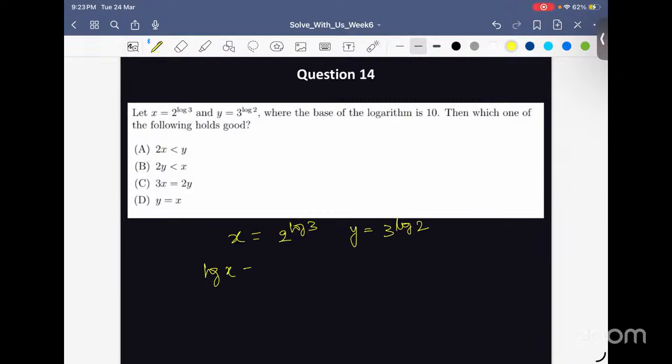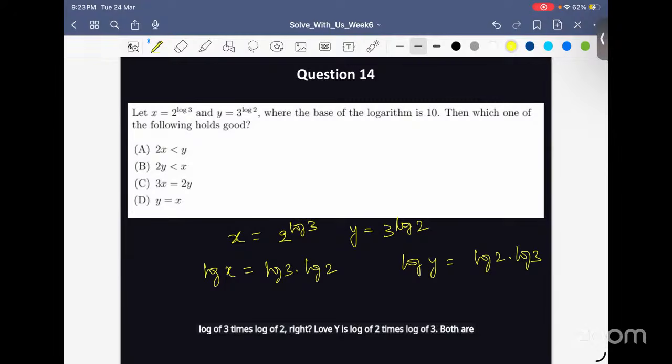What is log of x? Log of 3 times log of 2, right? Log of y is log of 2 times log of 3. Both are same, right? Yes, sir.